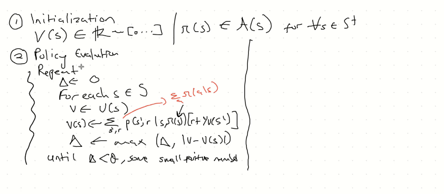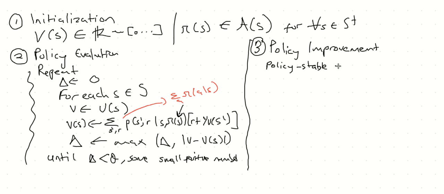So this is policy evaluation, and now the policy improvement part. From the previous lecture, we didn't write the pseudocode for this algorithm, but we have the formula. What we do is define a Boolean variable that we'll call policy stable, and we set it to true.